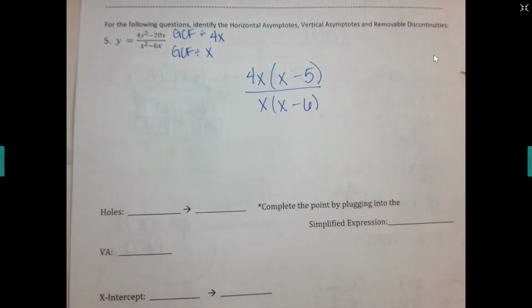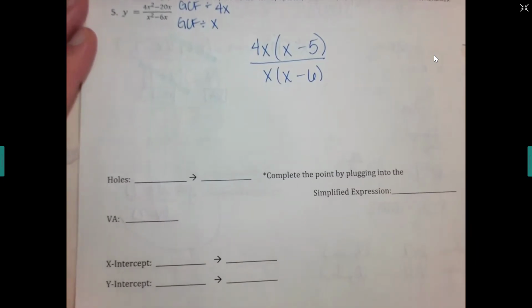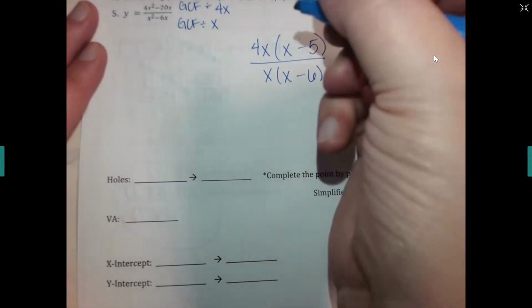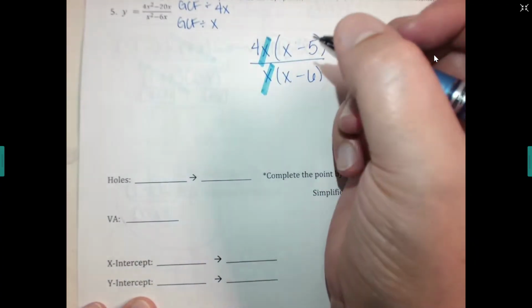Okay? Now we're looking for stuff that can cross out. What do I have, top and bottom, that I can cancel out? An x. Now, I can't cancel out the 4, but these x's on the outside can still take each other out. And remember, if there's an x on the outside, what answer goes with that? Very good.